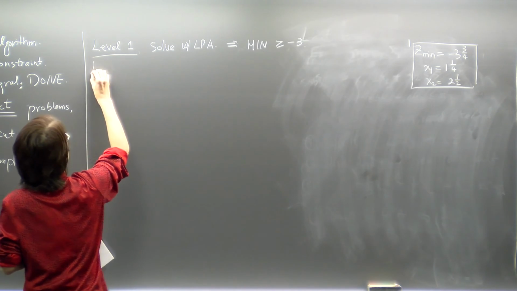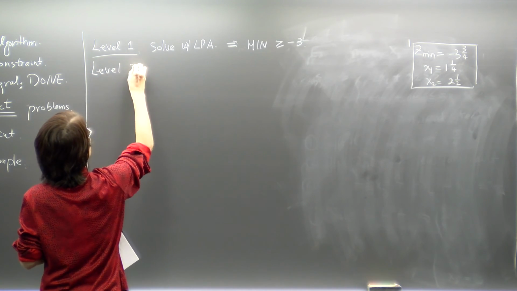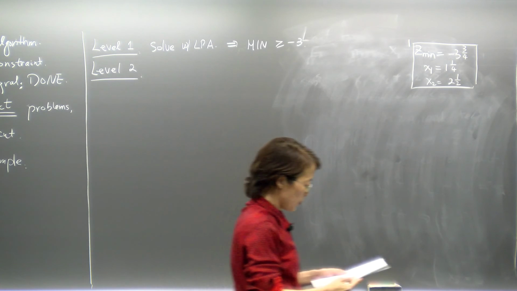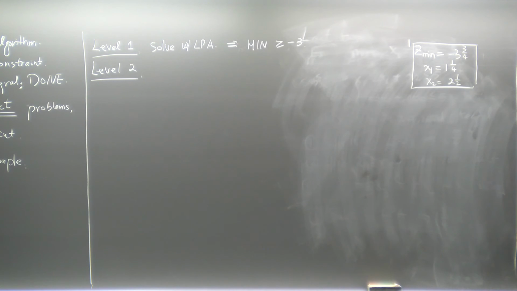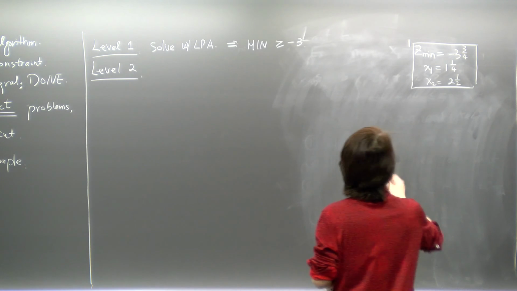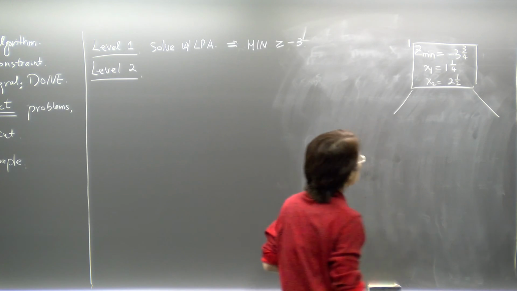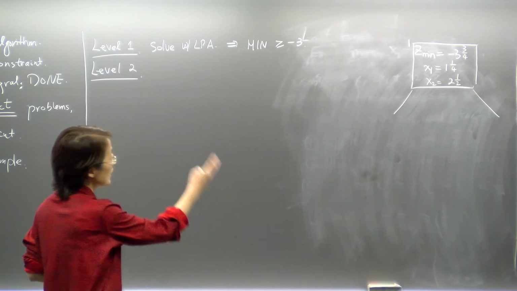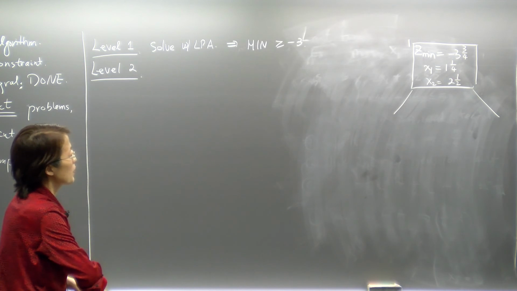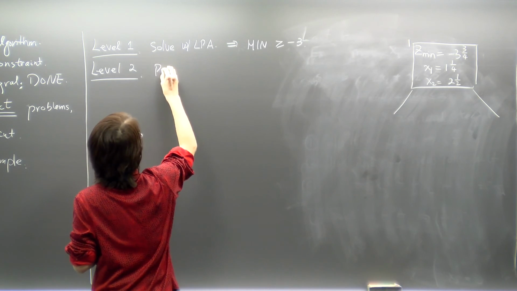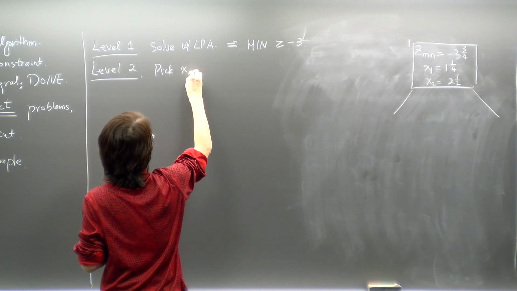Now I form my level 2. What do I do? Well, I will put up new constraints, and I form 2 new problems. So what will be the constraints that I put? I randomly pick any of the variables that does not have an integer solution. Let's say I pick x1, just random.